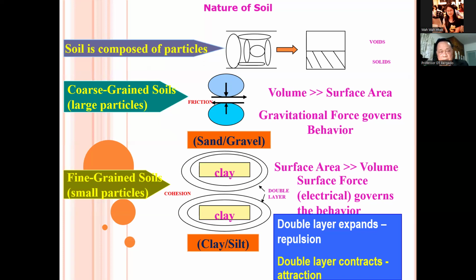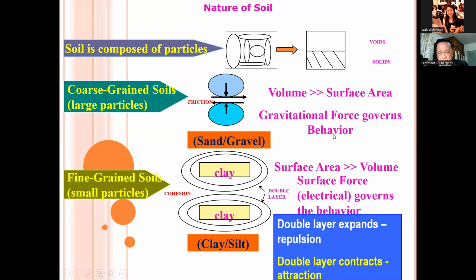For my lecture, I will always start with the fact that soil is composed of particles, that is, solids and voids. The particles consist of coarse-grained soils like sand and gravel, where the volume is much larger than the surface area.